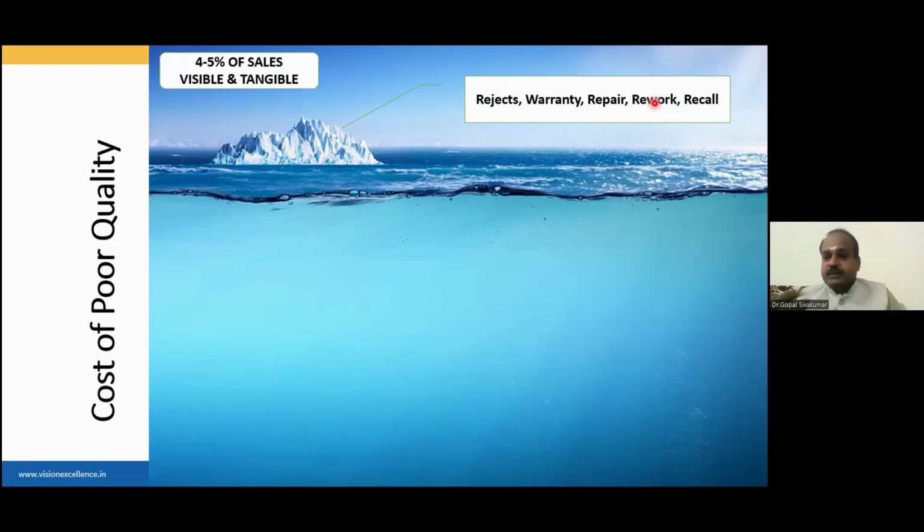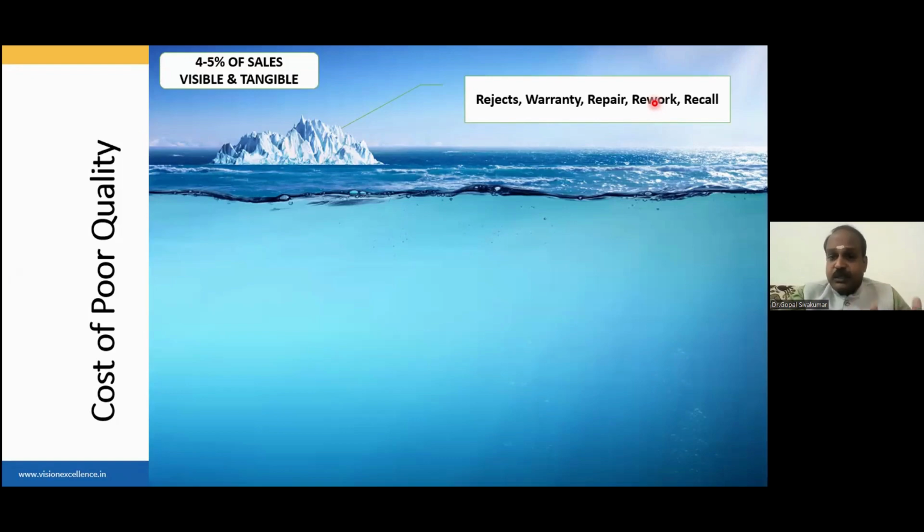Recently, electric vehicles had a recall, and Samsung had a recall. Maggi had a recall in 2015, isn't it? 38,000 Maggi packets were burnt and 80% market share was lost. And Ford had a recall, and Royal Enfield had a recall. Toyota had a recall.